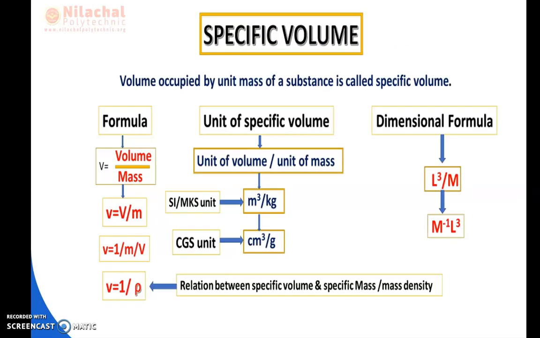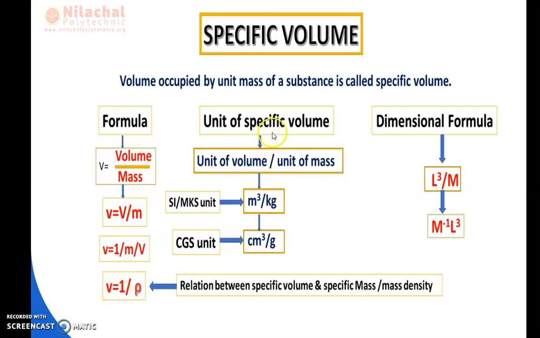Let's come to specific volume. It is the reciprocal of the mass density. The specific volume is given by the formula volume by mass, that is V by m, and m by V is known as rho, so 1 by rho is equal to specific volume.